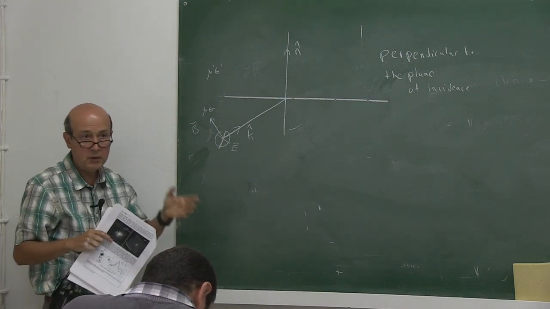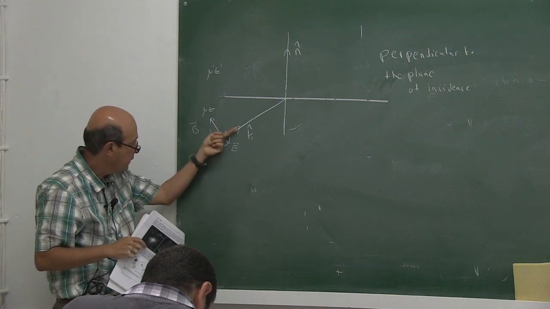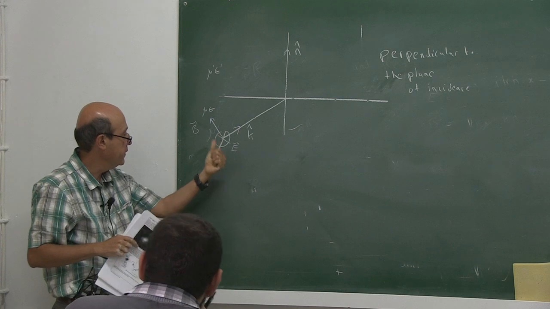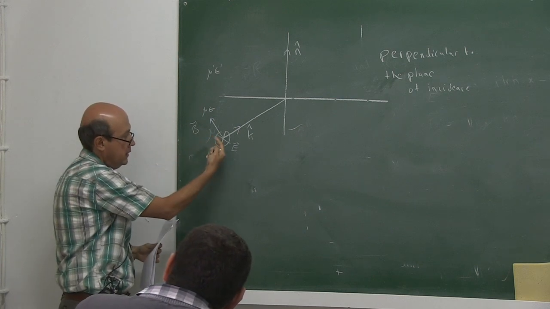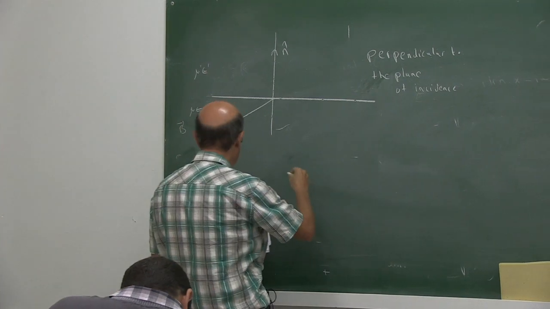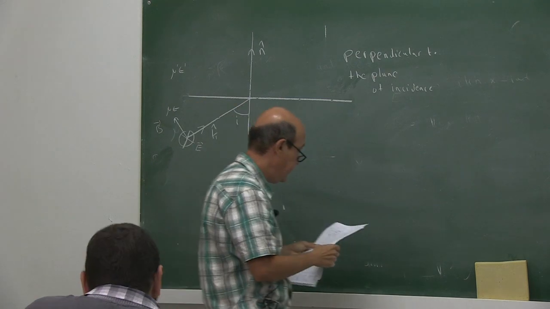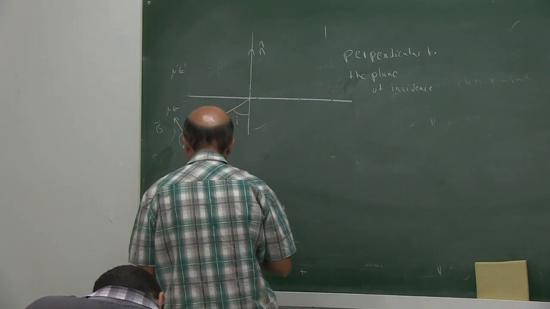Are they mutually orthogonal? Yes, they are mutually orthogonal. K, incident wave, incident E field, and incident B. Okay, so it's making an angle I with the interface.